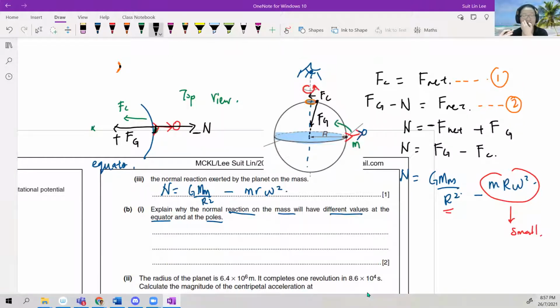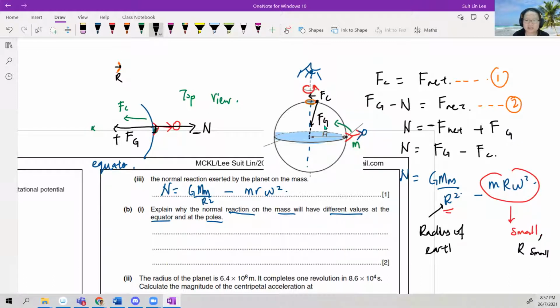Okay, so if you are at the equator, then it's very straightforward. The gravitational force is at the same plane of rotation. But if you're on top, gravitational force will pull you down towards the center of the earth. So in this case, this one becomes small because this radius of circular motion is small. This r here is the radius of Earth.